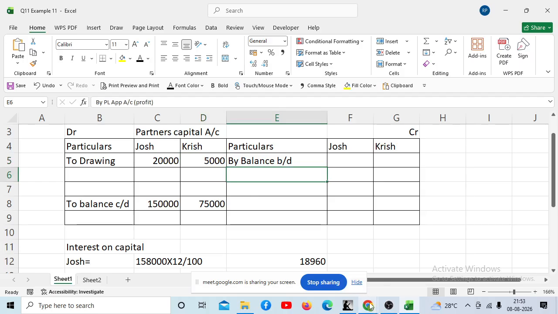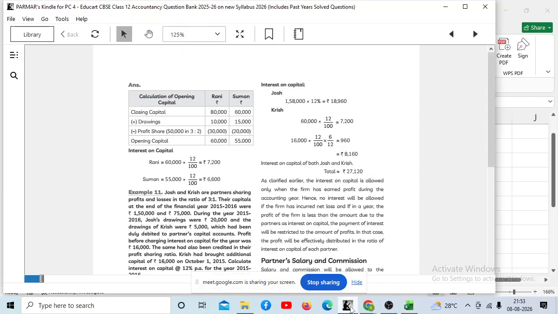Okay, then next is what they are telling, profit before charging interest on capital for the year was 16,000. Okay, so profit means if the profit is increasing, what the golden box is telling? So we will write it on the credit side and divide it in the ratio 3 is to 1. Divide 16,000 in the ratio of 3 is to 1.